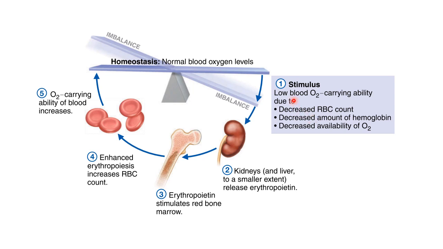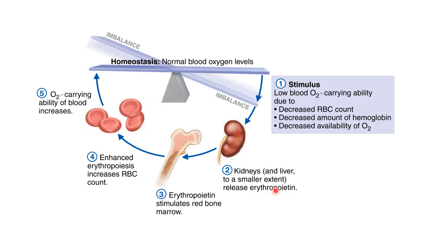So, what detects low blood oxygen levels? That would be the kidneys. So the kidneys will be the first one to detect that the blood is poor in oxygen. And what will be the response of the kidneys? It will release this hormone. This hormone is called erythropoietin.